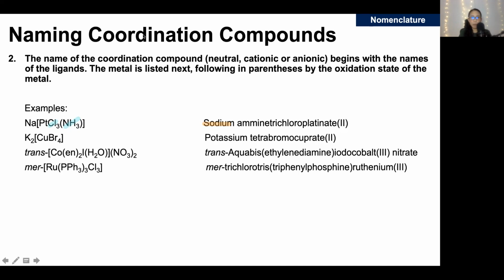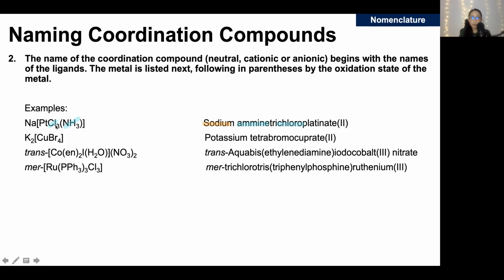So for example, ammonia, its name as a ligand is ammine with a double M. Well, ammonia has double M, right? So it's ammine. And the chloride as a ligand is named chloro. So the order now, you start with ammine and followed by chloro because it should be alphabetical, based on the name of the ligand.